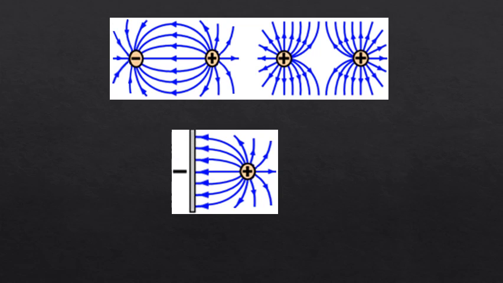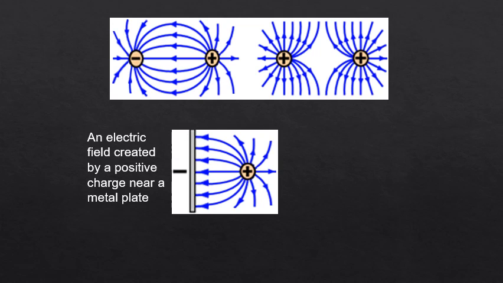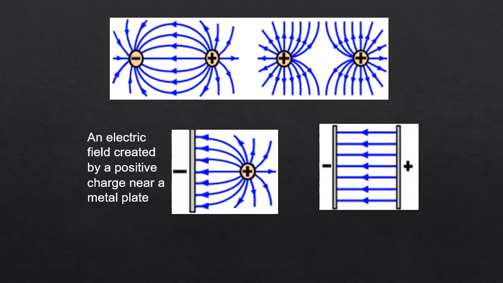The other two examples are a point charge and a negative plate, or a negative point charge and a positive plate, and the electrical field created by the positive charge near a metal plate. You can see there is a clear attraction of that point charge to the negative plate, again in the direction from positive to negative. And finally, the classic example of the uniform electrical field between a positive and negative plate.